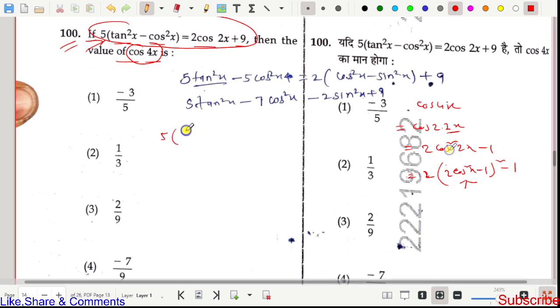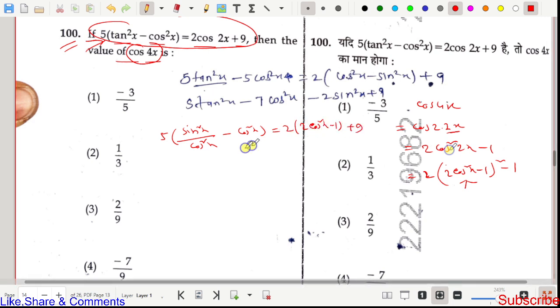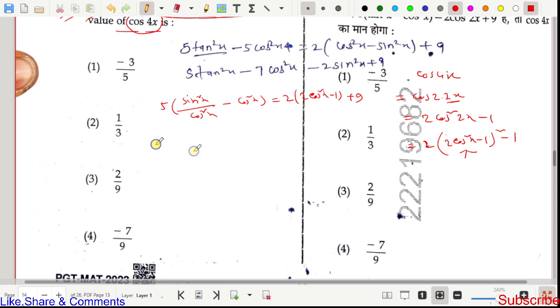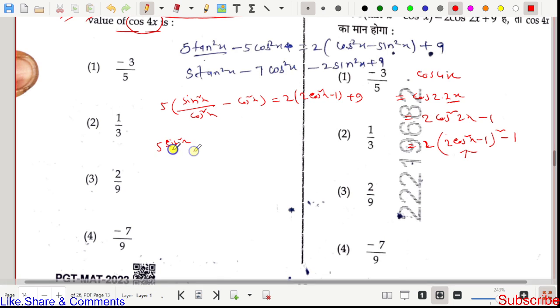So 5 into sin square x divided by cos square x minus cos square x, and 2 into cos 2x we can write as 2 cos square x minus 1, plus 9. So this we can write 5 sin square x. We are multiplying by cos square x all the time.